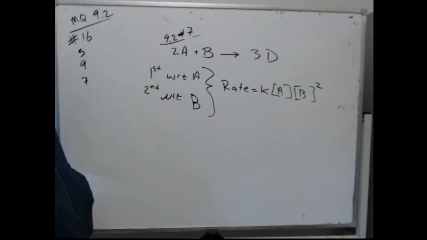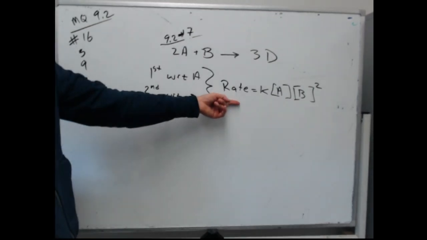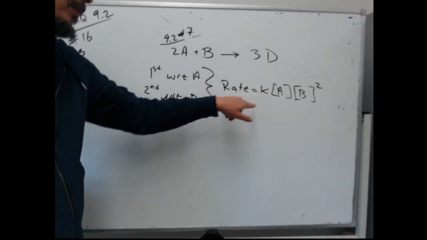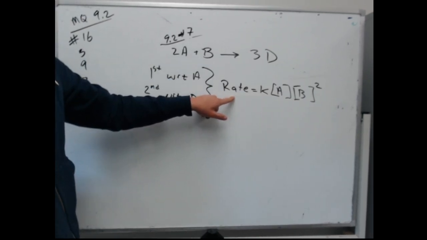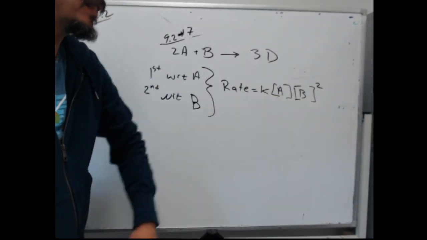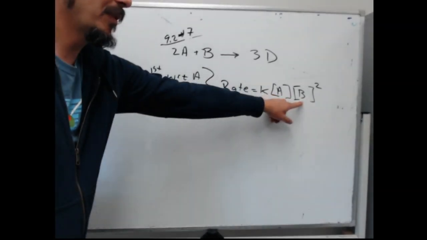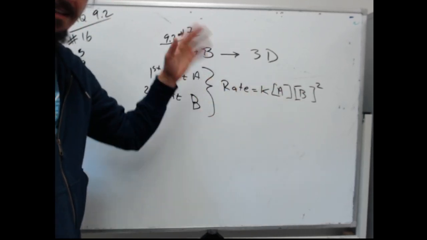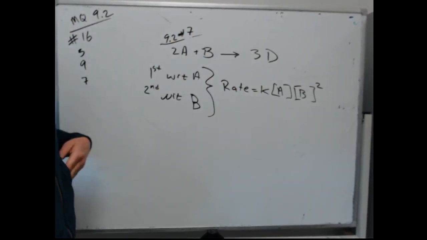So if we double A, that gets twice as big, so the rate is twice as big. If we triple B, it's going to be 9 times. What's the next one? Halving B, so that would be quarter speed, because it's a half squared, which is a quarter. And then doubling both of them, that's 2 times 4, which is an 8 times increase.